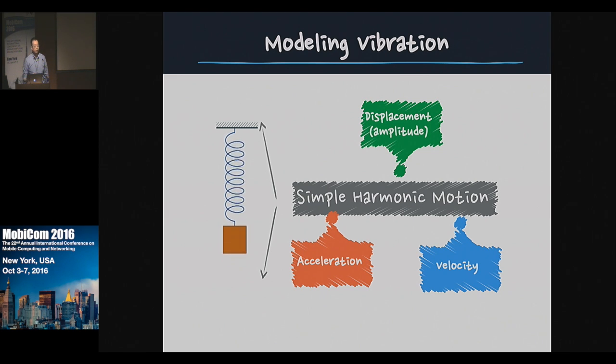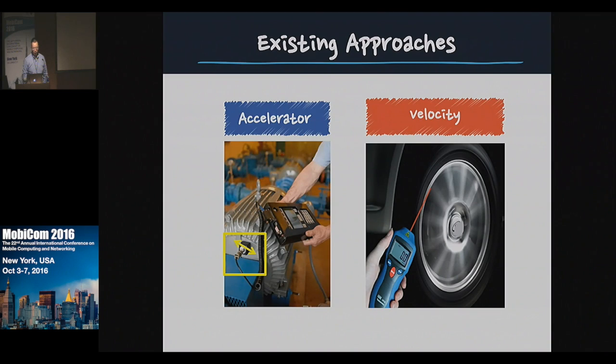Vibration is a mechanical phenomenon. It's complex to quantify the characteristics of vibration. However, we can consider a vibration from its basic parameters: the acceleration, velocity, displacement, or the amplitude. The traditional approach to vibration sensing requires special sensors.